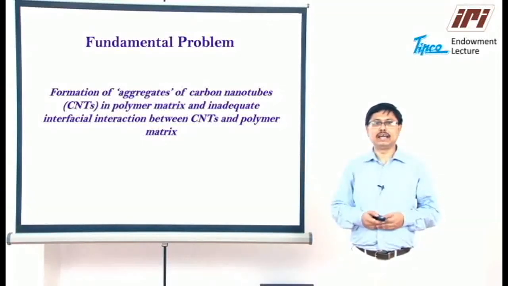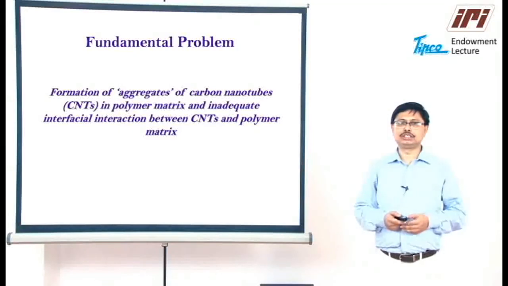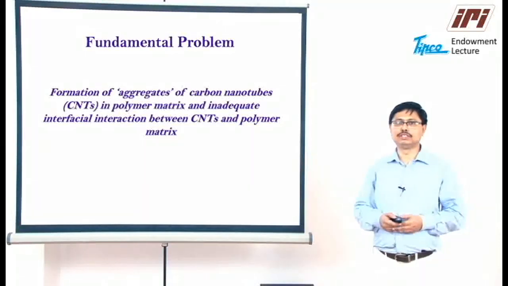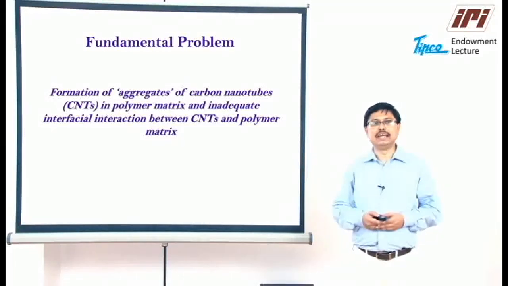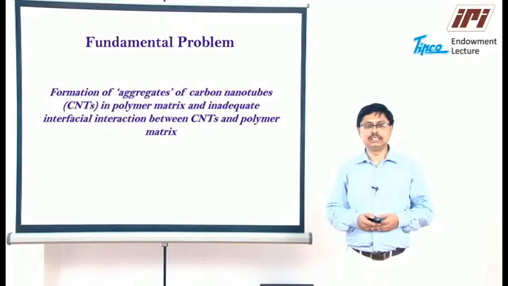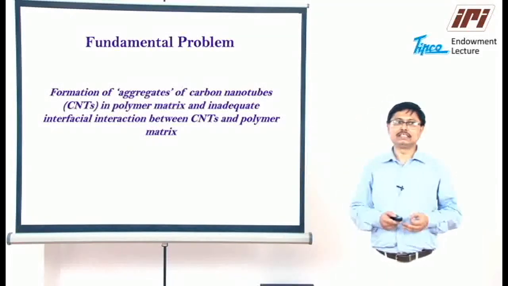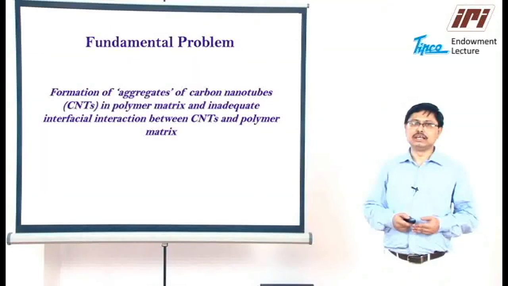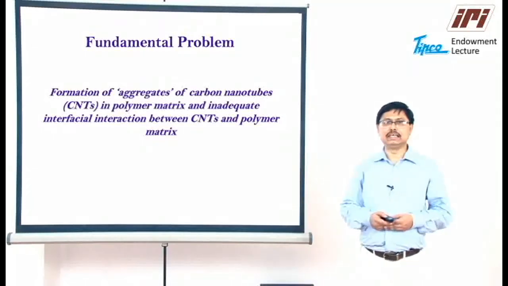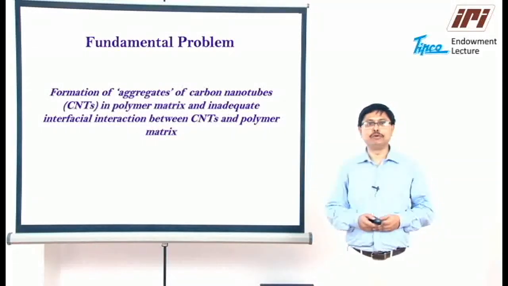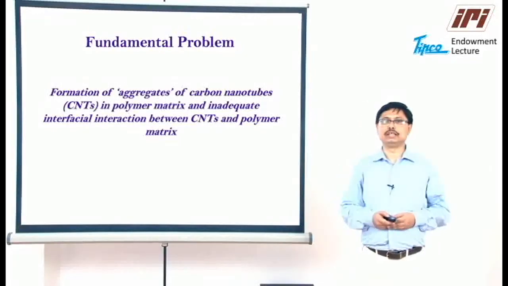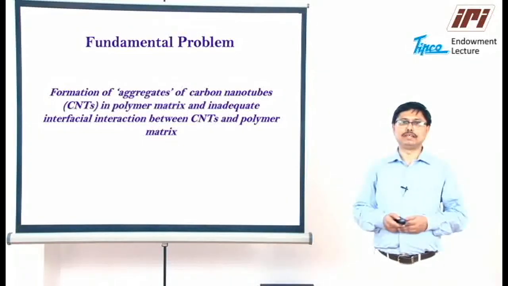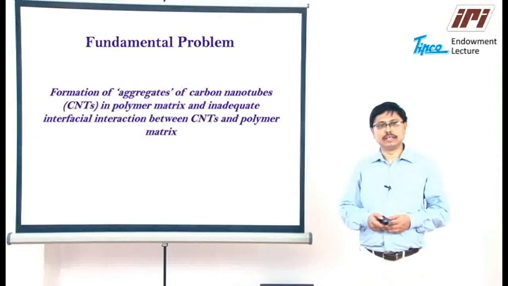However, one can observe big clusters and aggregates of several micrometers in diameter in the polymer composite material, which tells us that dispersion is one of the challenges with this material, along with inadequate interfacial interaction between the polymer matrix and the carbon nanotubes.